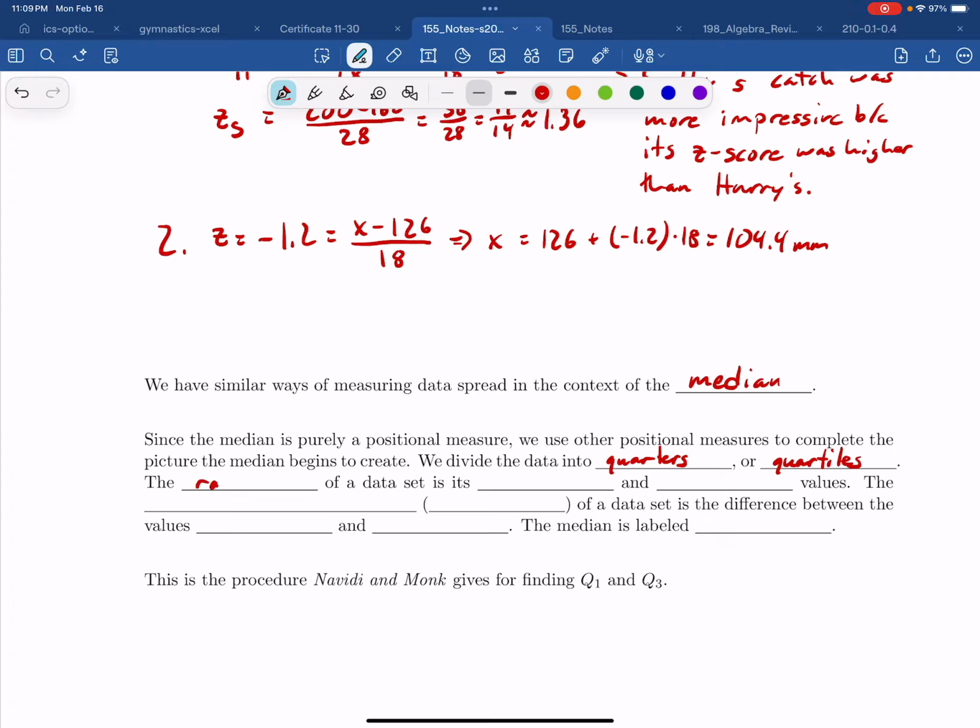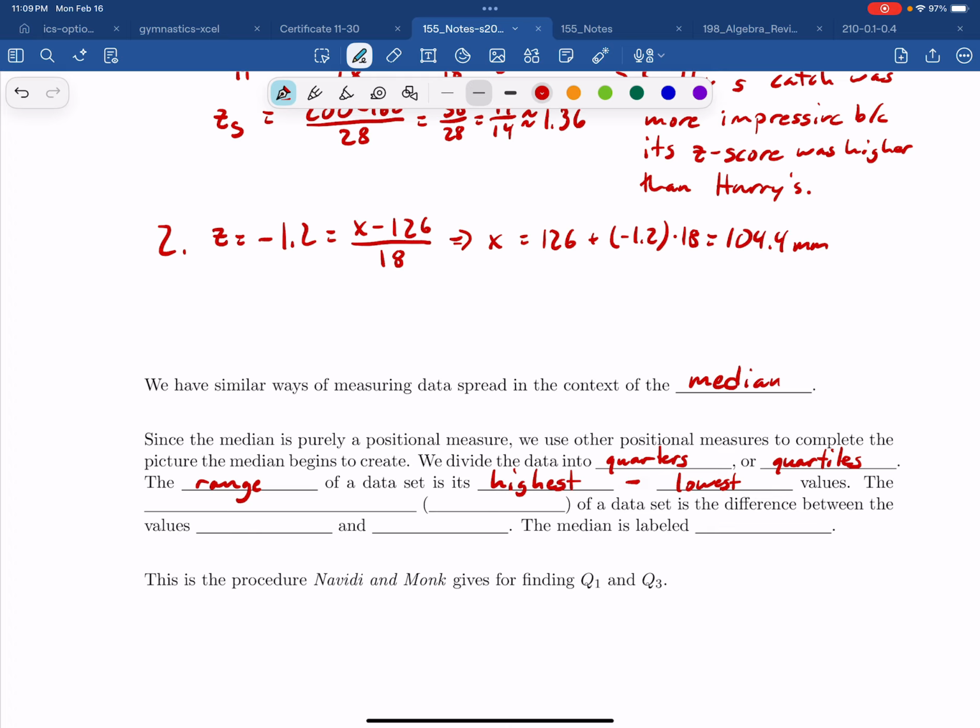Now, the range of a data set is really just the highest value minus the lowest value.